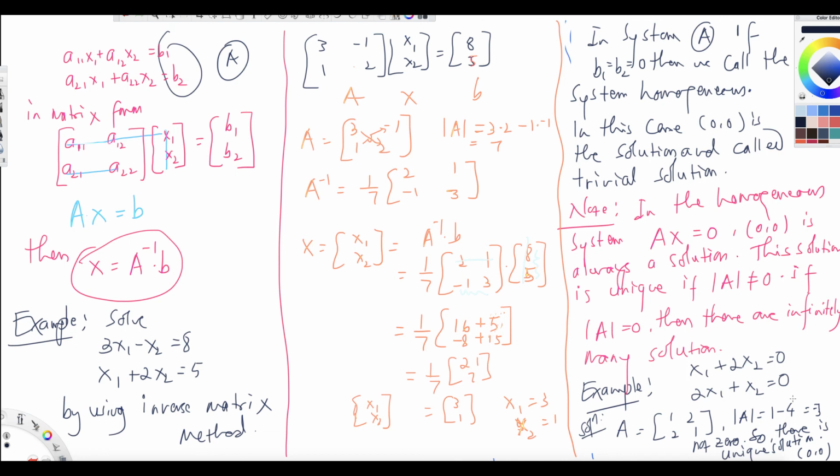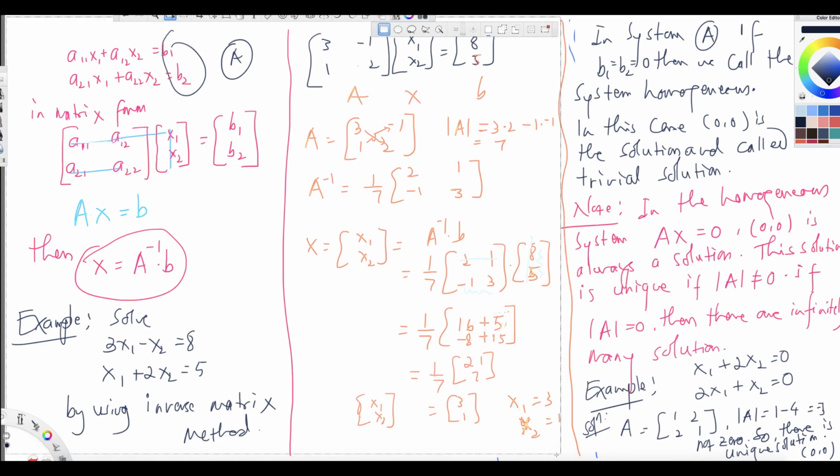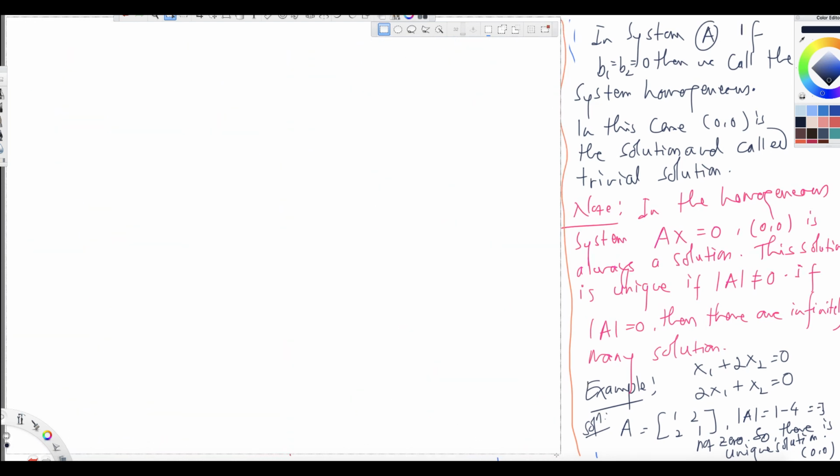All right, so let me give you another example that has infinitely many solutions. Okay guys, let me take one example of that type. Let's say x1 plus 2x2 equals 0.